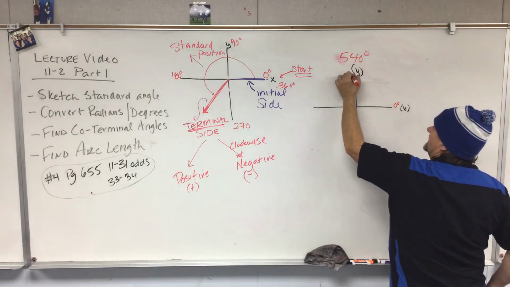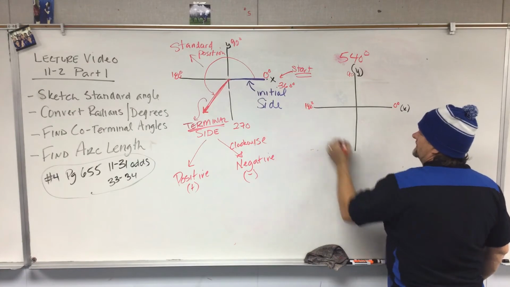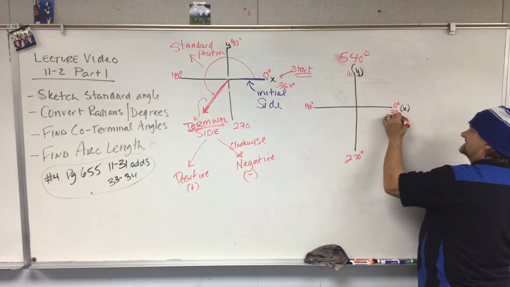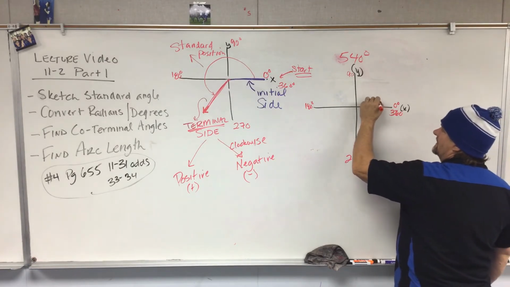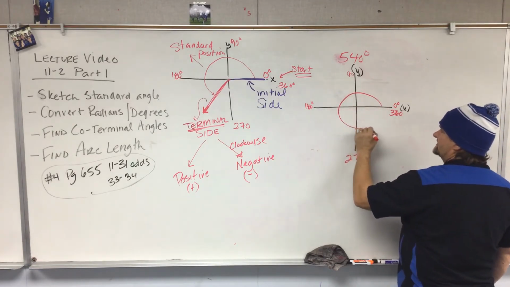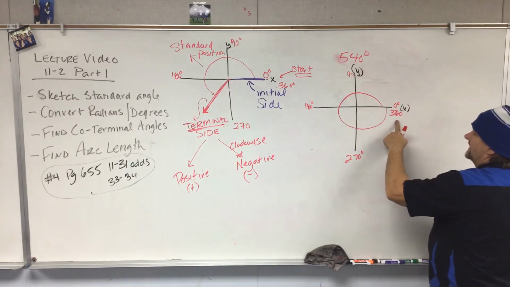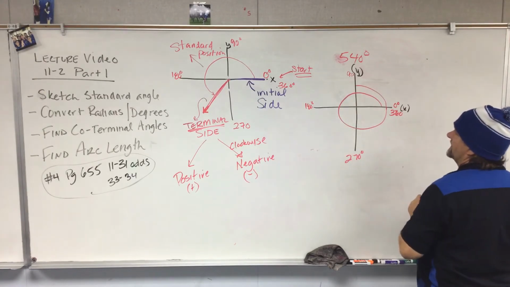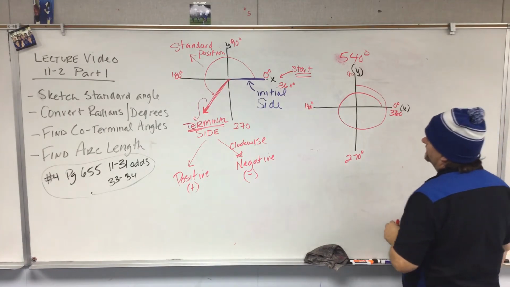Well, this is 90. This is 180. This is 270. 360. So if I start here and go all the way around in the circle, I'm at 360 degrees. If I go one more 90 degrees, I'm at 450 degrees, right?